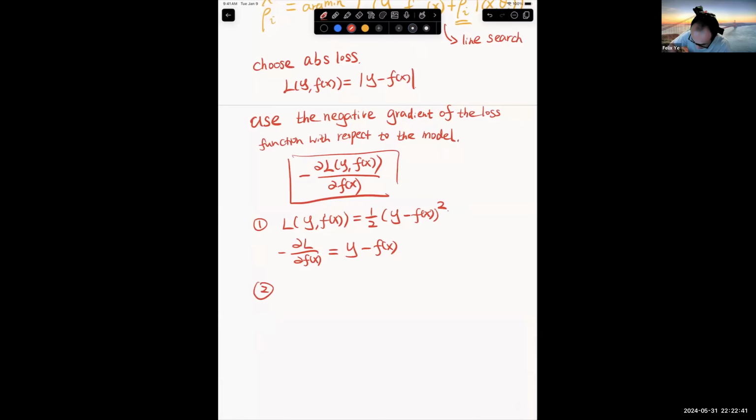However, if we choose the absolute loss, y minus f(x) in absolute value, then the negative gradient is the sign of y minus f(x).